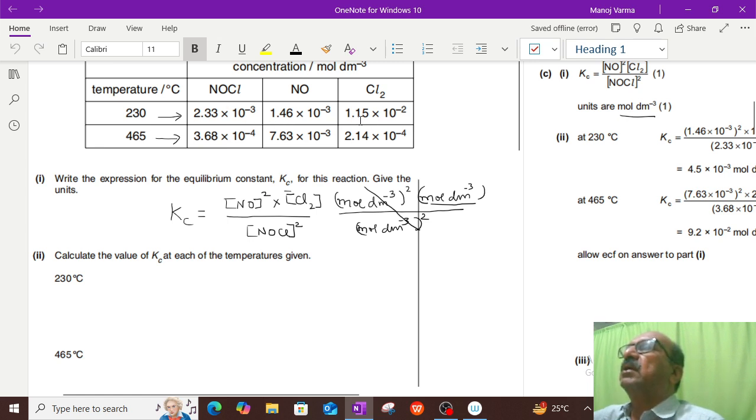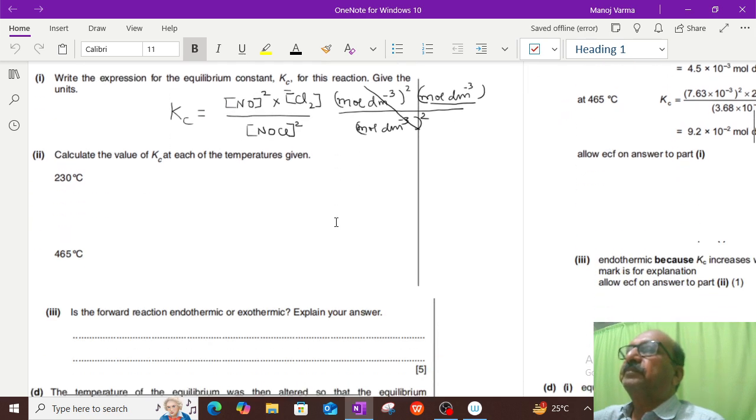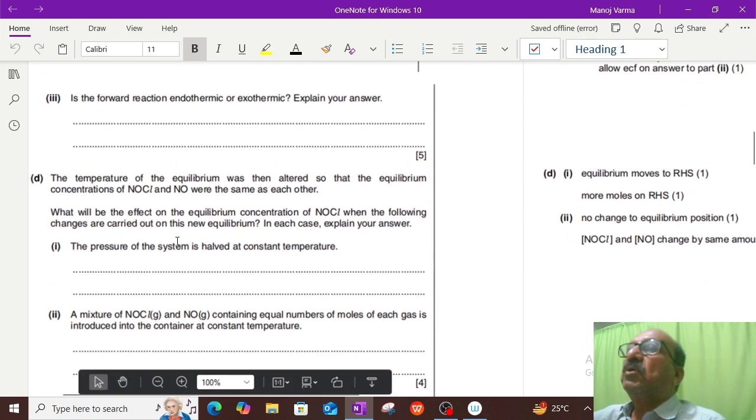Of course the chlorine concentration will be different, but these two concentrations are equal. What will be the effect on the equilibrium concentration of NOCl when the changes are carried out on this new equilibrium? In each case, explain your answer.